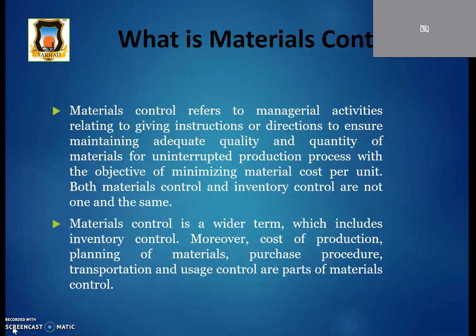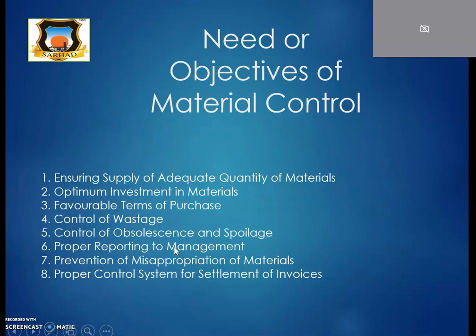After this we discuss the next point, that is the need or objective of material control. Why do we use a material control system in our organization? It ensures the supply of adequate quality of material, which means information about the material.